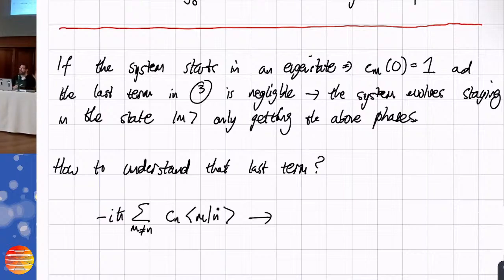It's how the mth eigenstate that I've started in gets coupled to all of my other coefficients, which were initially 0. All of my other CN's at the initial time are 0, but because of this term, they could become non-zero. So I can't say very much about what these CN's are.